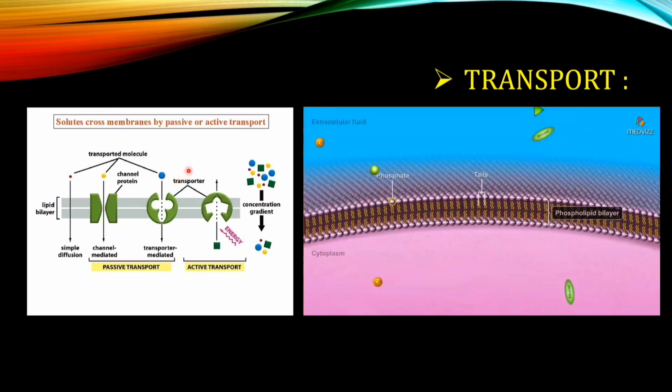In this case, we need specific channels present in the cell membrane so that water or any other hydrophilic molecules can pass. On the other hand, O2 is neither hydrophilic nor hydrophobic, so it can easily pass through the cell membrane by general diffusion without any membrane protein.